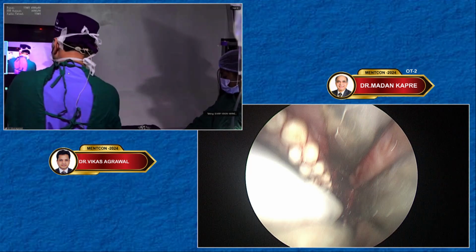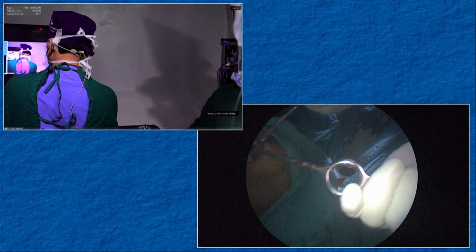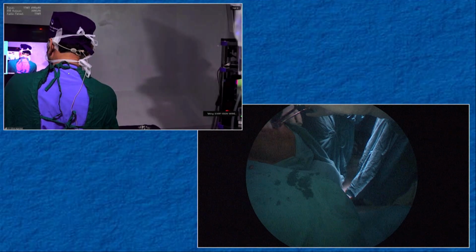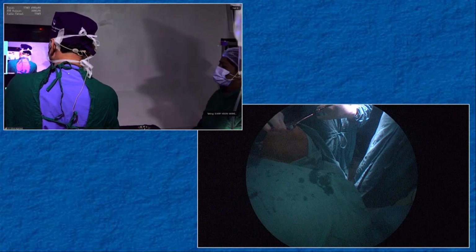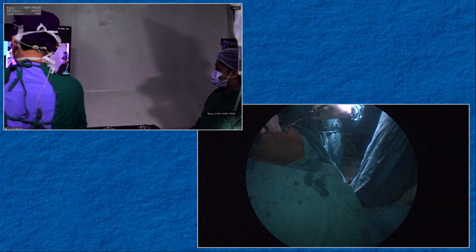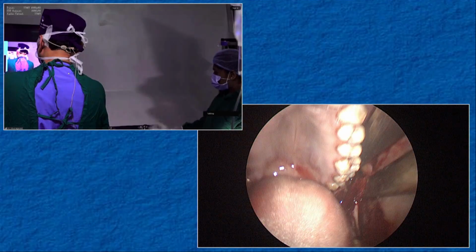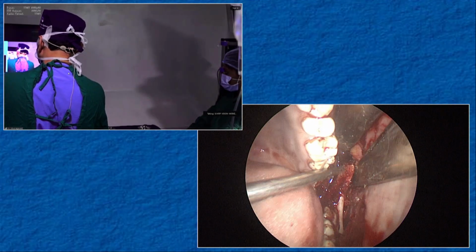Can I have the drill again one more time? Because you can't keep it rough there. The apex of the coronoid which has been excised, now the coronoid itself needs to be smoothened out. And these are the standard otological instruments, nothing great about it.